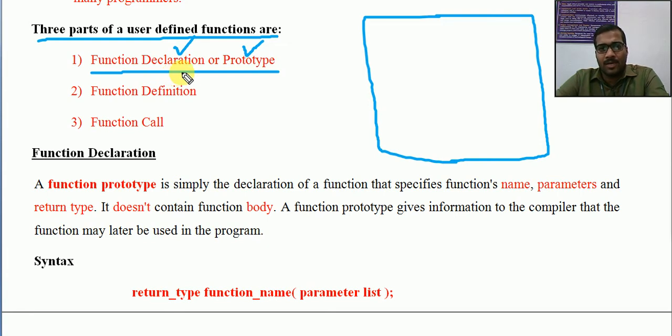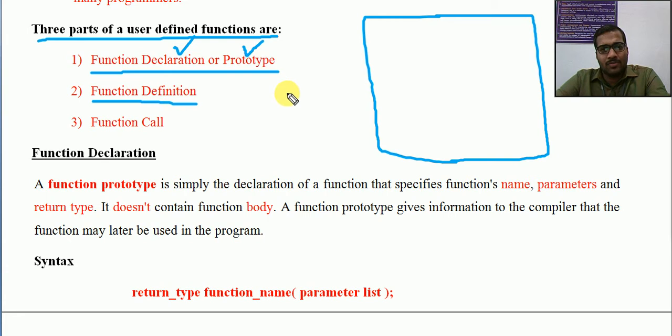So function declaration or prototype is a statement, like a variable declaration, which indicates to the compiler that this function will be used later in this particular program. This is called function declaration. We will see the exact syntax of how to declare a function in the remaining pages. Now the second portion of using a function is called function definition.